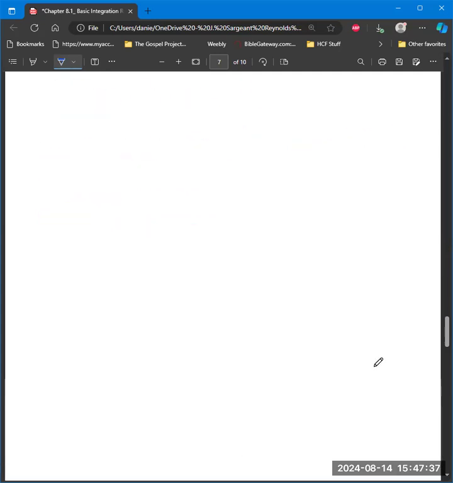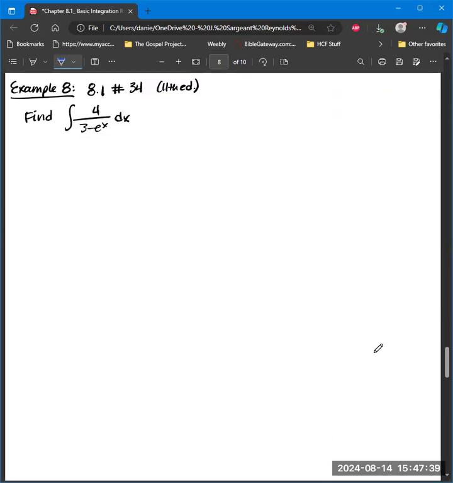Anything else? Yes. We have a similar problem here. I'm going to use the integrating factor of e to the negative x here.